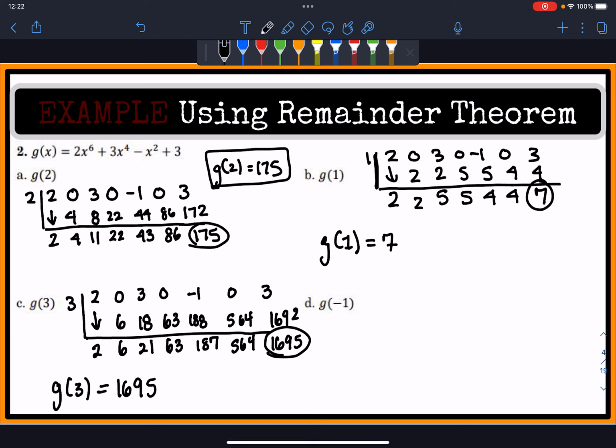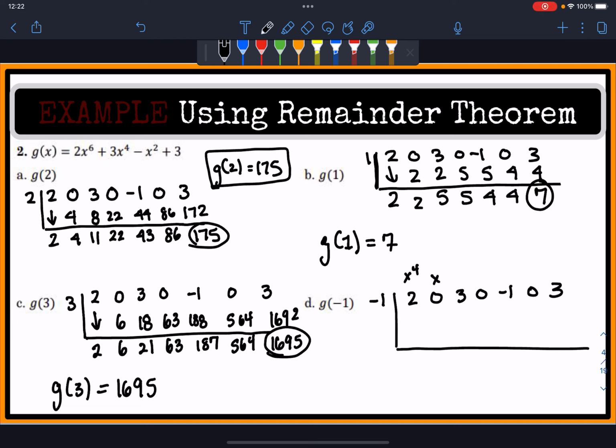And for the last one, for -1, 2, 0, 3, 0, -1, 0, and 3. And again, just to recap, the reason I have zeros there is because I do not have these powers.